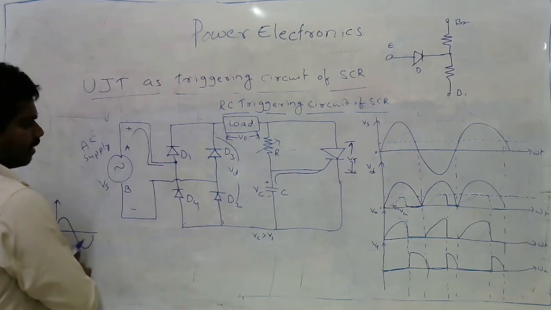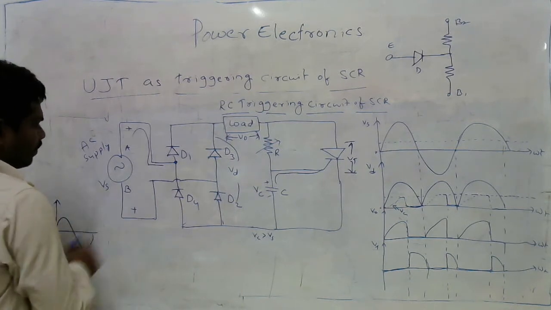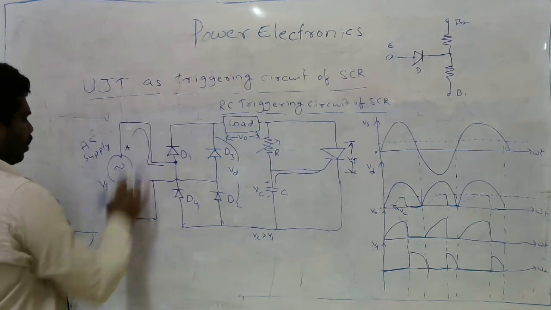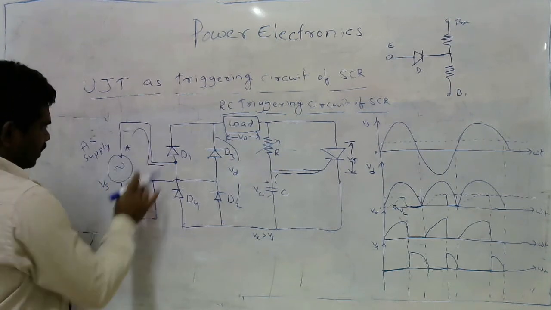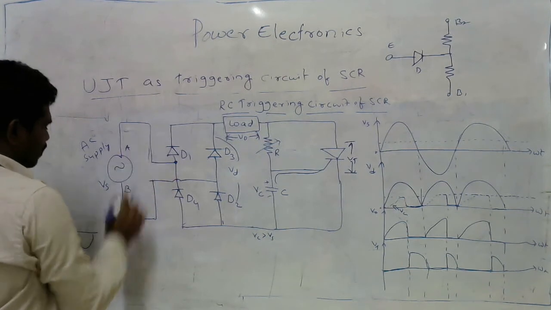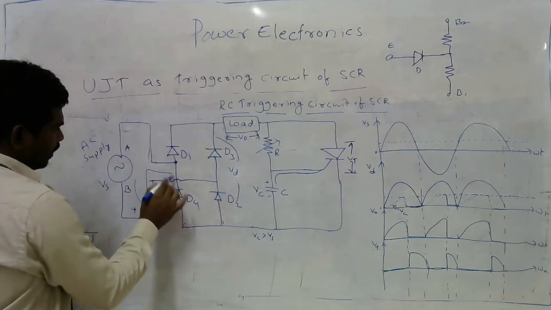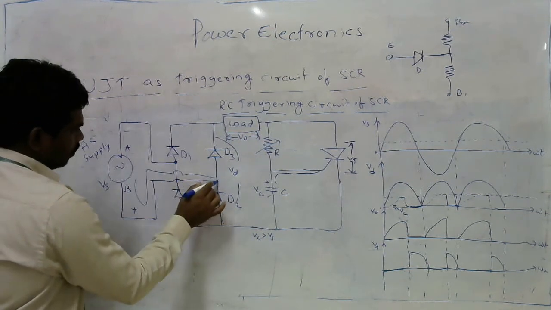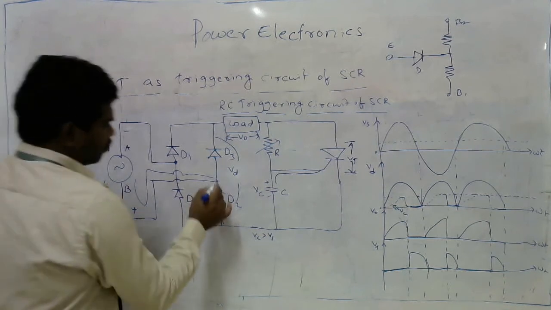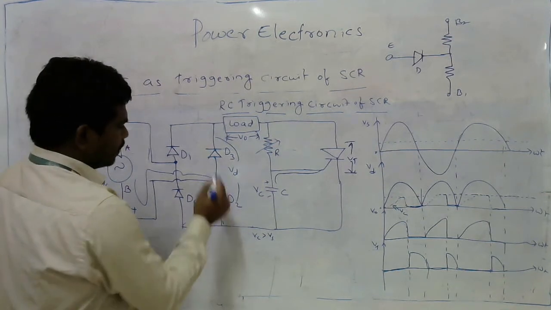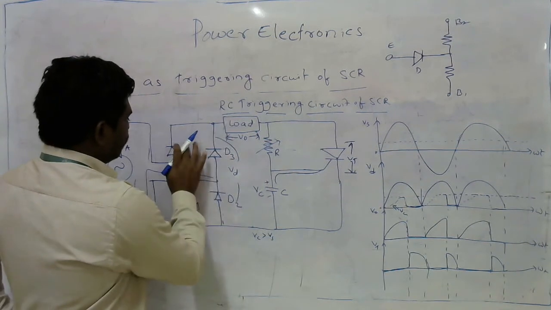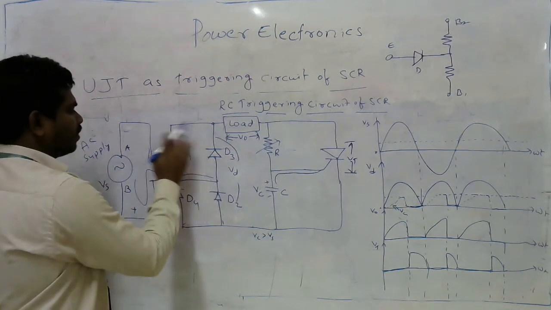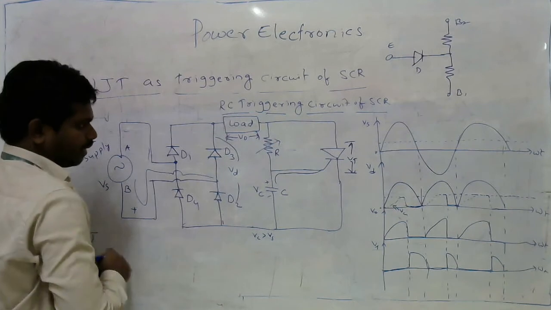Right. Next we'll see the negative half cycle applied. During the negative half cycle, what happened? Current is coming out like this. Now B is more positive as compared to A. This is minus. Then current is coming like this, entering into this node. Again D2 is going to be reverse biased and D3 forward biased. Again this is a node point. This is going to be open circuited because it is reverse biased. Then entering into the load again.